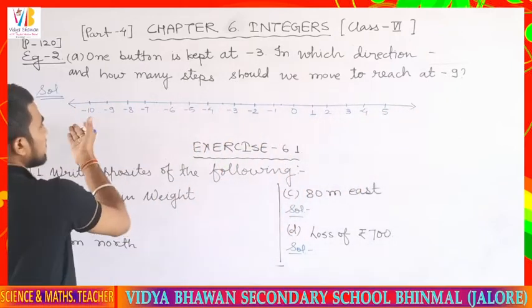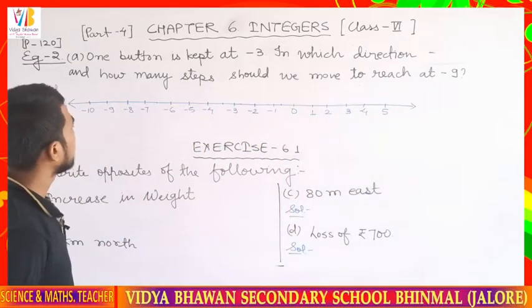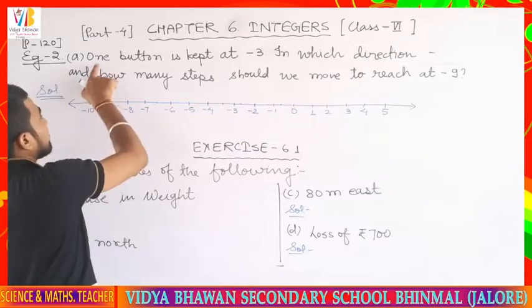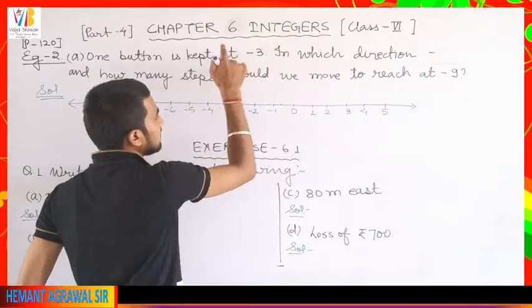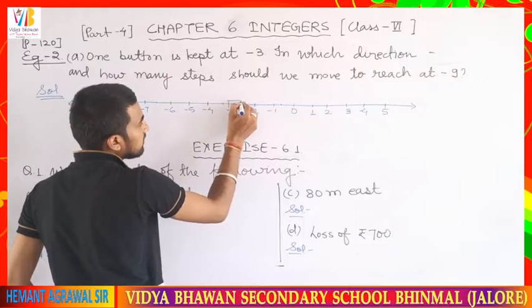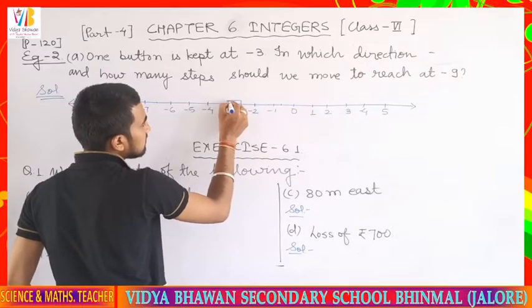This is the number line. Okay. Now the question is that one button is kept at -3.